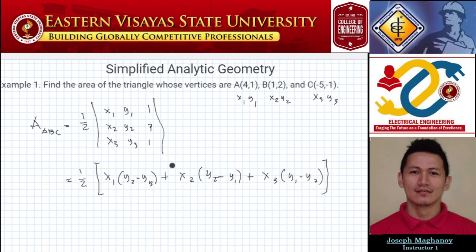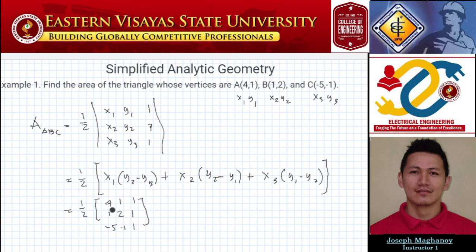Substitute the given vertices. 4, 1, 1, 1, 2, 1, negative 5, negative 1, 1.